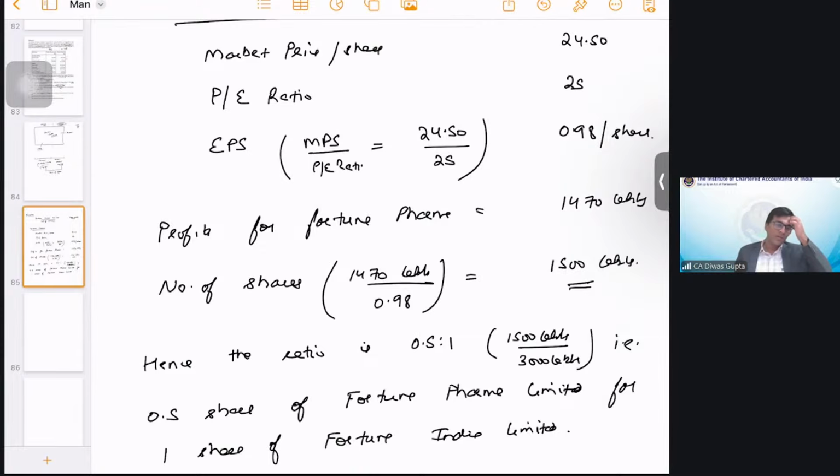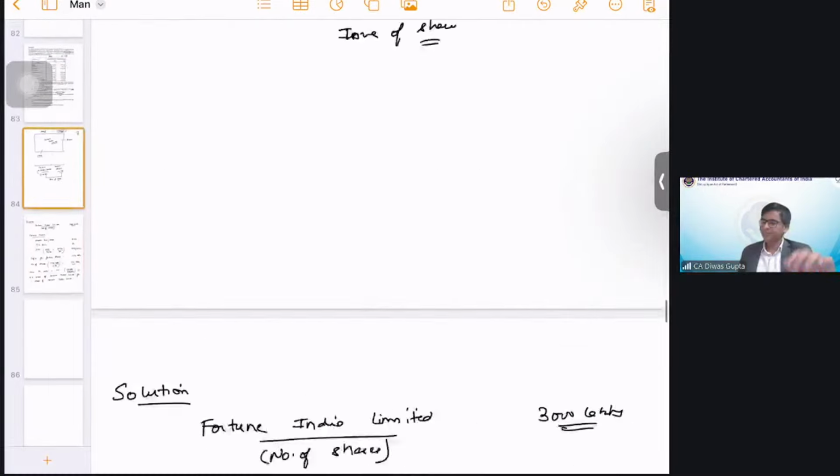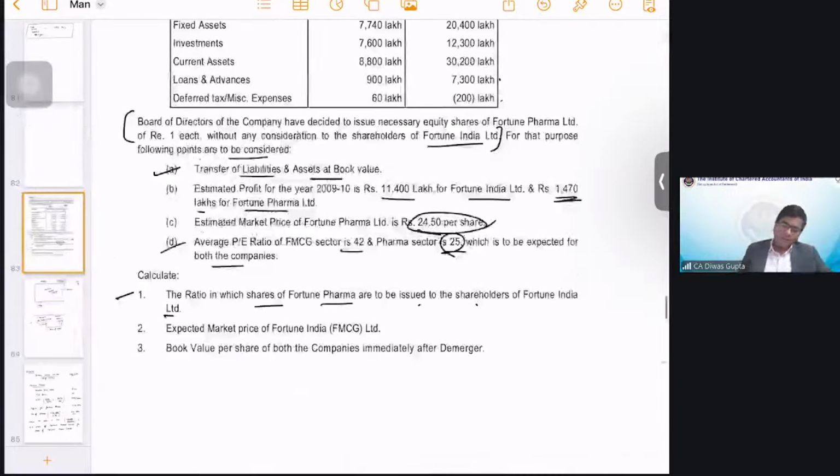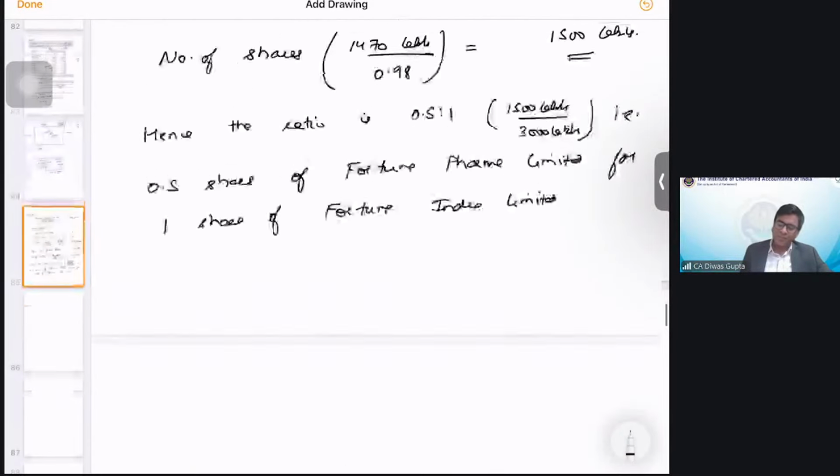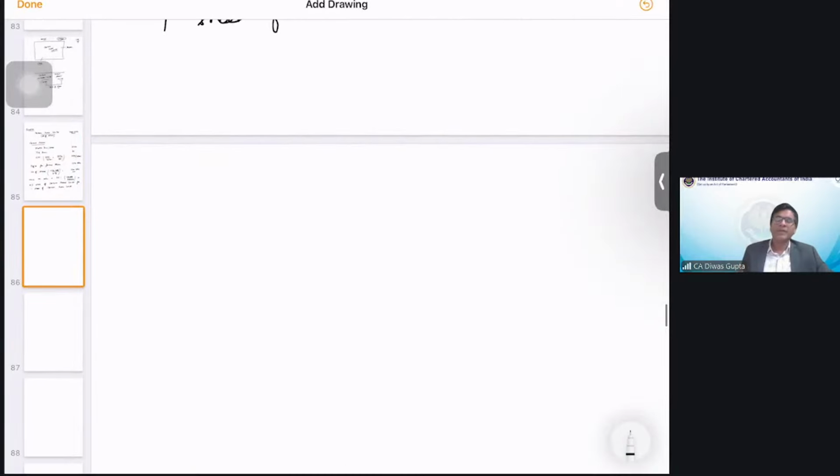We'll move to the second part. The second part is about the expected market share of the existing company, which is Fortune India Limited. We have been given PE ratio. If we calculate the EPS, we can calculate the market price, right?